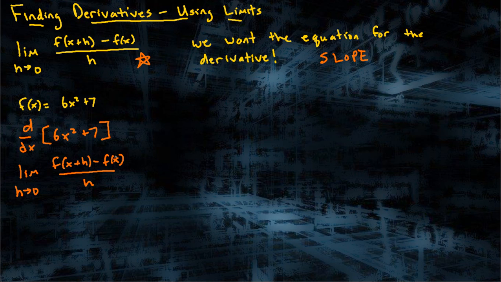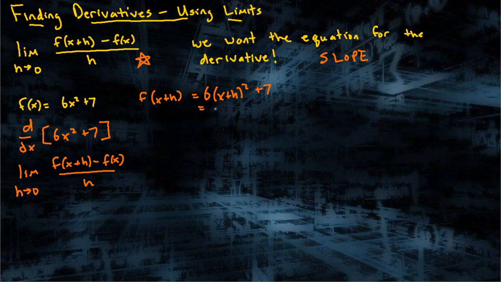Now, I know what f of x is. f of x is this thing right here, 6x squared plus 7. But I need to know f of x plus h. So I'm going to take all of that and put it into here, and I'm going to have 6 times x plus h squared plus 7.